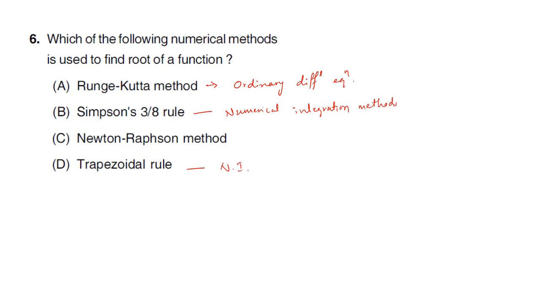The Newton-Raphson method is used to find the root of a function. Together with the Newton-Raphson method, the other two methods are the regula falsi method and the bisection method. Therefore, in this question, the method used to find the root of a function is option C.